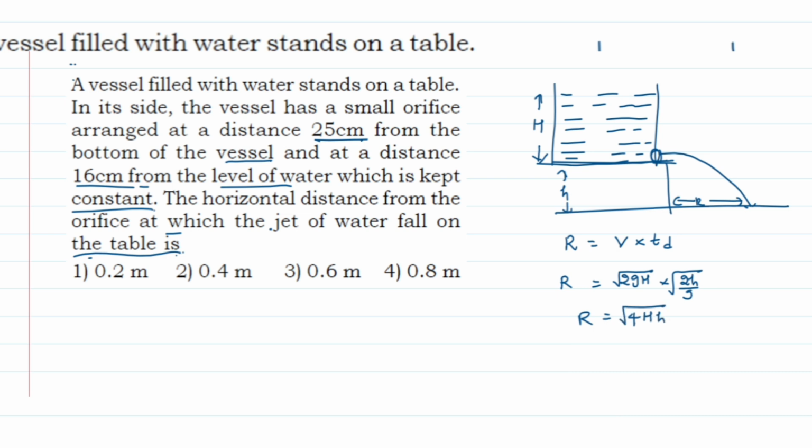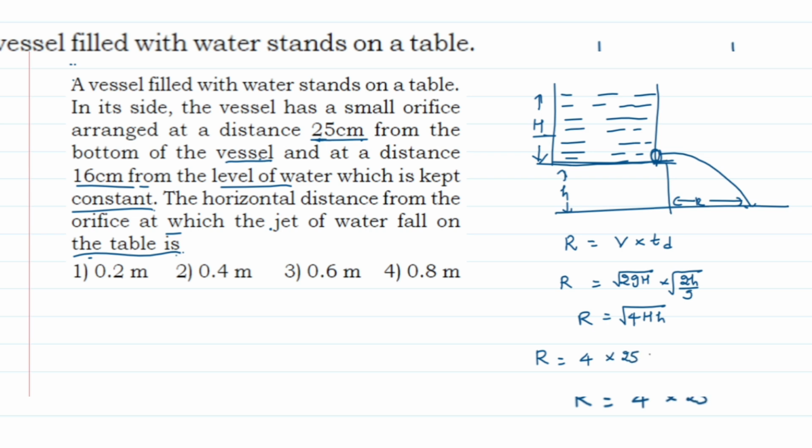So the range is nothing but 4 into capital H, where capital H is 25 centimeter from the bottom of the vessel. The vessel has a small orifice arranged at a distance of 25 centimeter from the bottom of the vessel. This is the height h, and here you have to substitute that value.